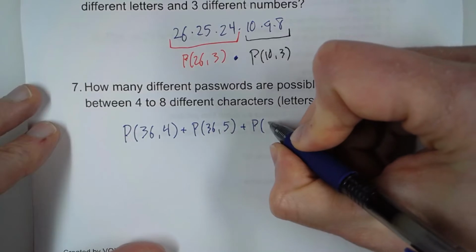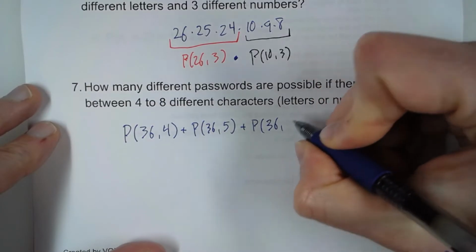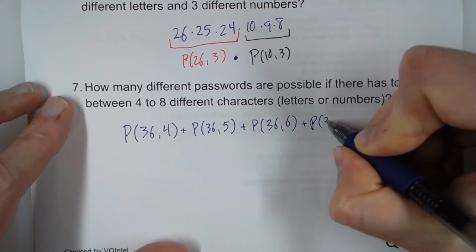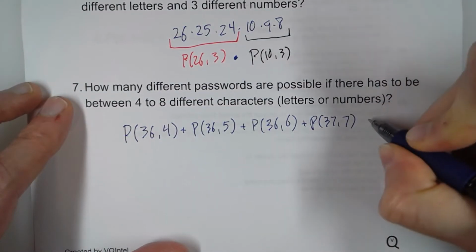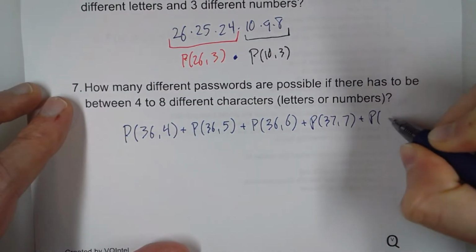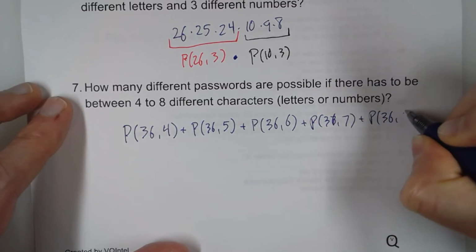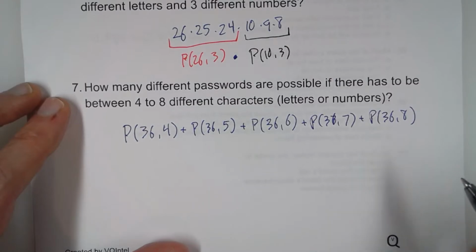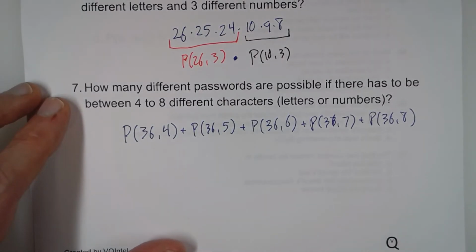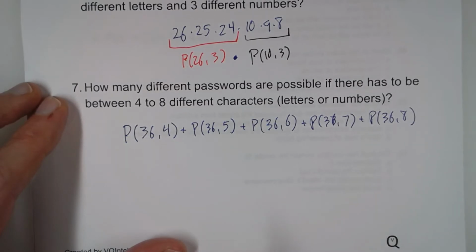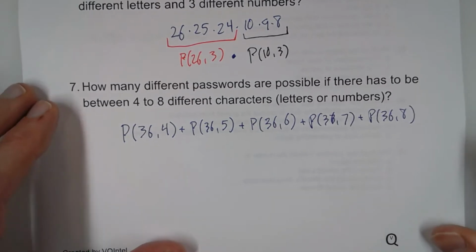So then we include the passwords that are 6 characters long, and the passwords that are 7 characters long, and the passwords that are, whoops, that should be a 6, and the passwords that are 8 characters long. And so since each different length is considered a different password, we add them all together.